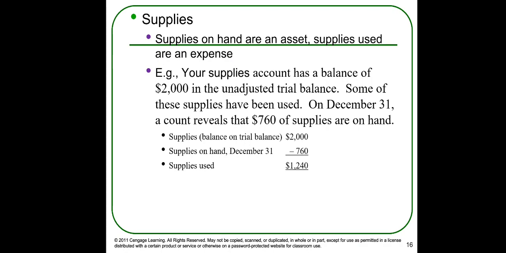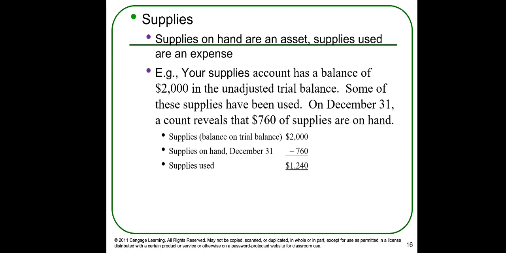So if the situation is like that, how much is the value of supplies used during the year? So supplies used equals $2,000 minus $760 equals $1,240. So that is the first step. You have to calculate the supplies used.